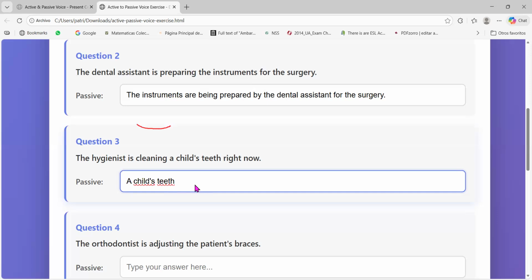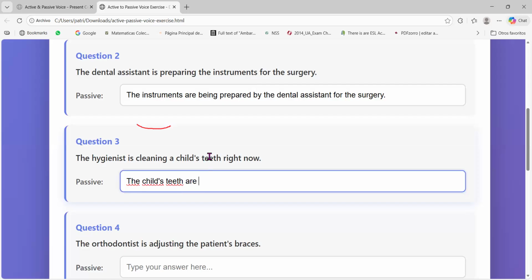Teeth, singular or plural? Singular. Ah, but it is teeth. So let's modify a little bit. The child's teeth is or are, my dear Sophie? Teeth is plural. Are.